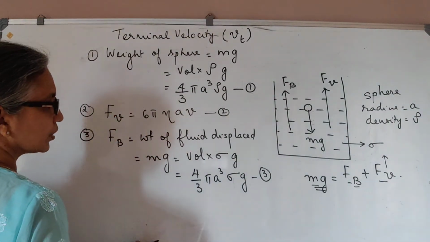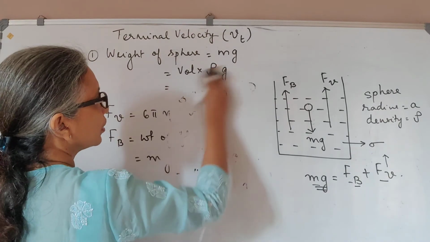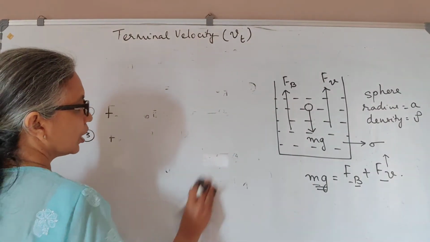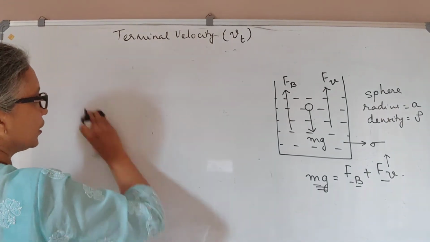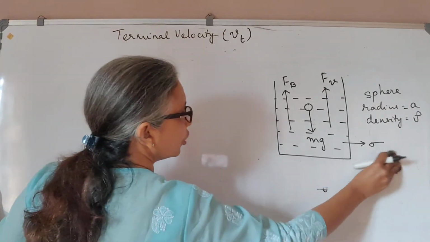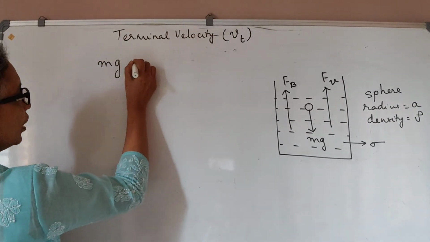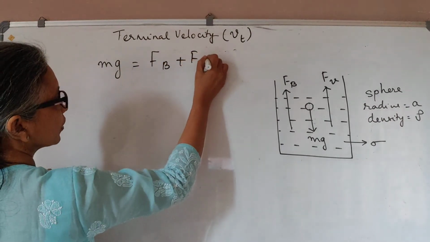So what we can do is, we can equate the three equations. I just told you that when the body starts moving with a constant velocity Vt, the terminal velocity, the downward force, that is the mg, bringing it down, has become equal to the sum of the upward forces.